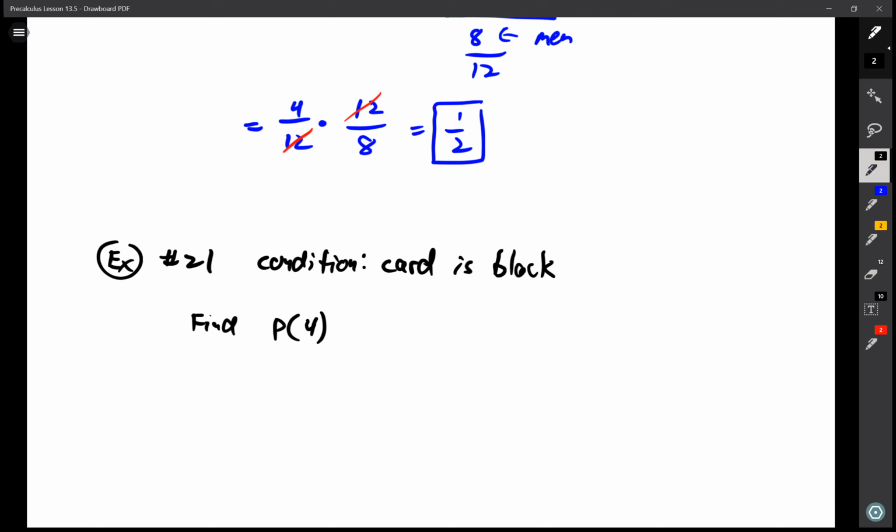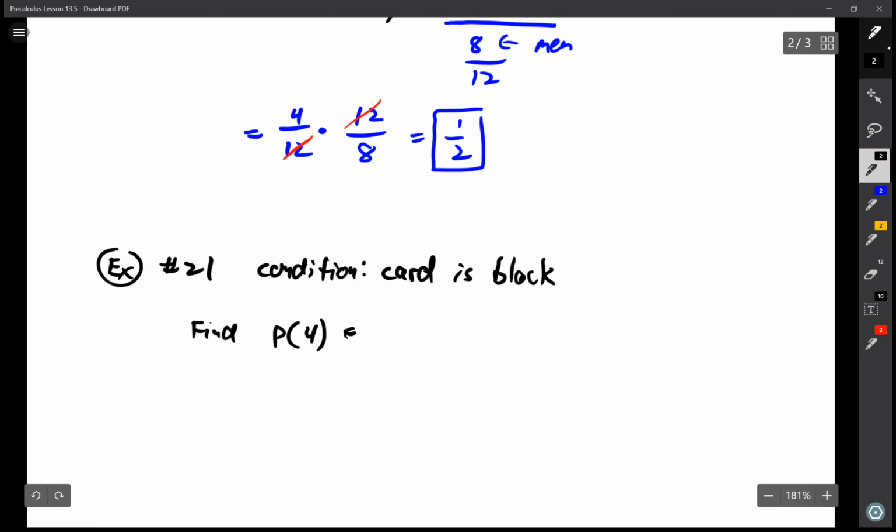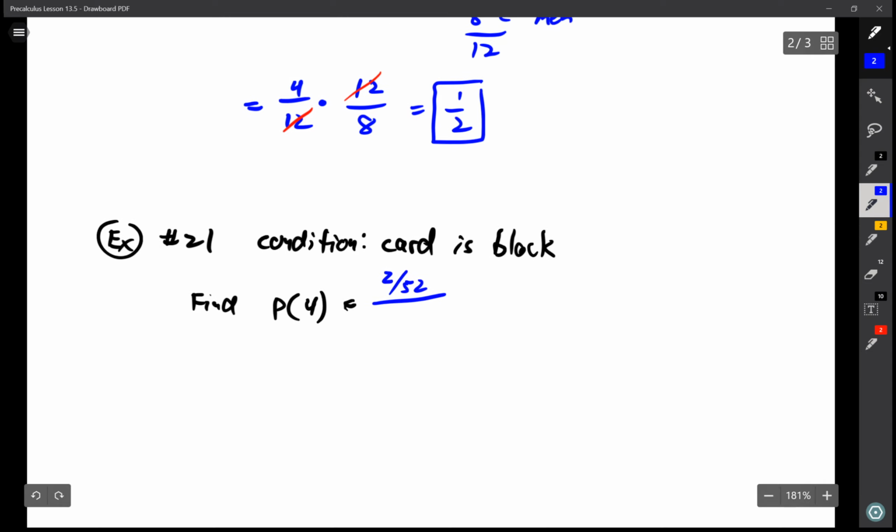Well, if you want the formula direction, we'd ask ourselves how many black 4s are there in a deck of cards? How many black 4s, because that's both conditions being met, black and 4. Well, there are 2 black 4s. There's the 4 of clubs and the 4 of spades. So 2 out of 52 is the probability there. And then what's the probability of the condition that we get a black card in general?